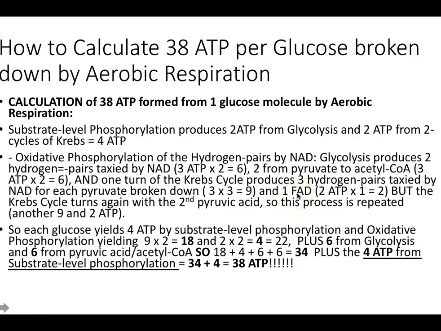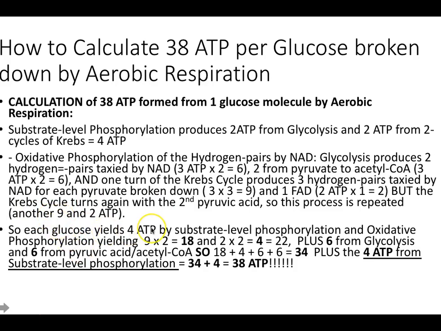You have 1 FAD that is going to drop off a hydrogen pair, but you're only going to get 2 ATP for that. And that has to do with the fact that the FAD is just slightly different. But the Krebs cycle turns again with the second pyruvic acid. So now you've got another 9.